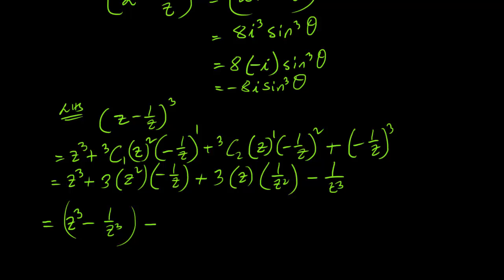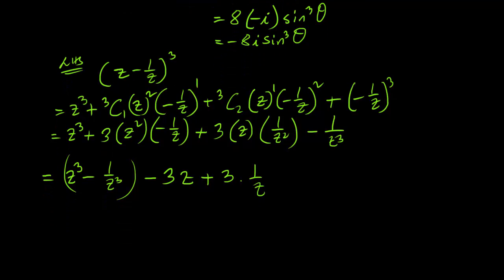So this is going to be minus 3z, z squared by z is z, and we have this one as plus 3 into 1 by z. So we have this format. We can write it as z cubed minus 1 by z cubed. If we take the minus 3 common, it would be z minus 1 by z.